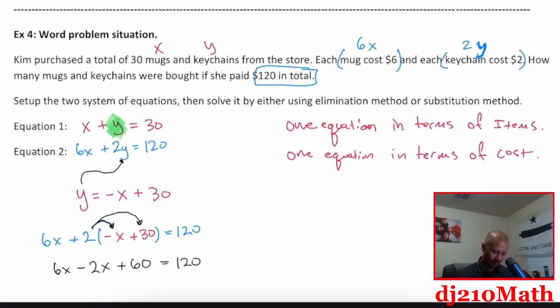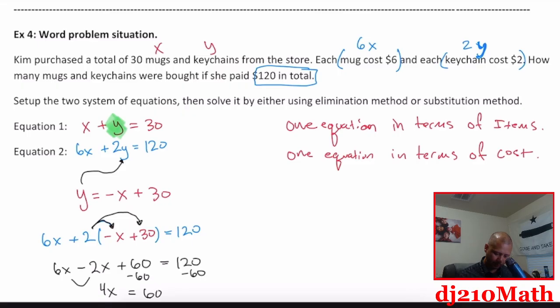Okay. Solving and combining. So we can combine 6 and negative 2. 6 minus 2 is 4x. I'm going to subtract 60. So 120 minus 60 is 60.